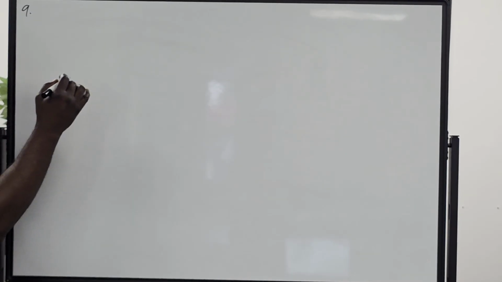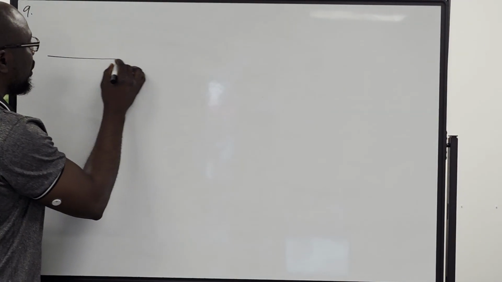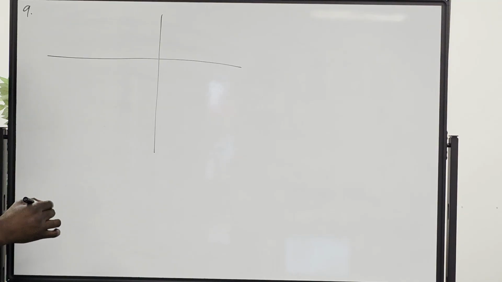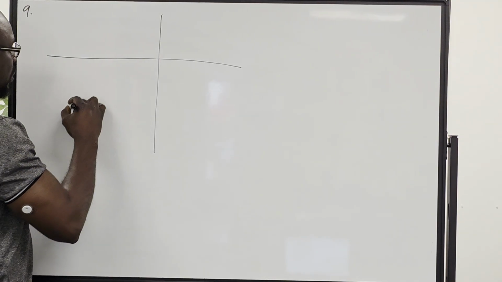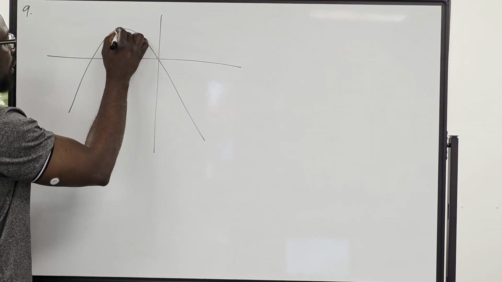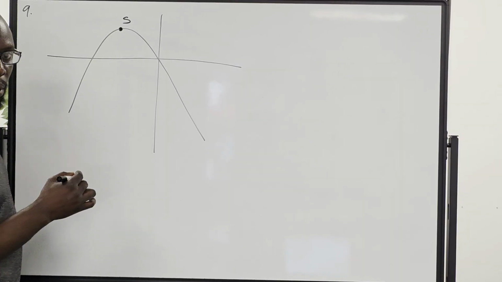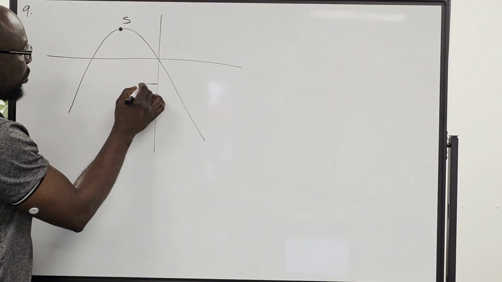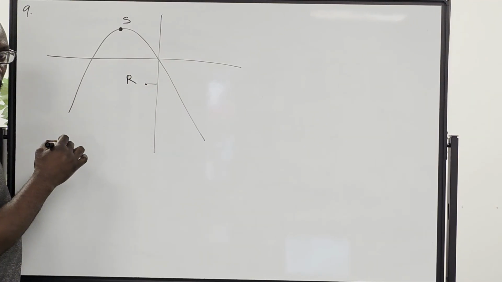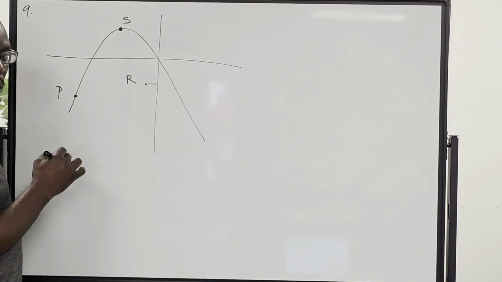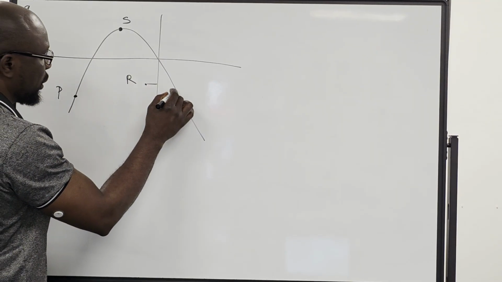So what they did was they gave us a graph, and in this graph you have it going this way, you have it this way, and then you have it going this way. And here you have a point, we call it S, and here you have point R, and here you have point P, and then you have here point T.